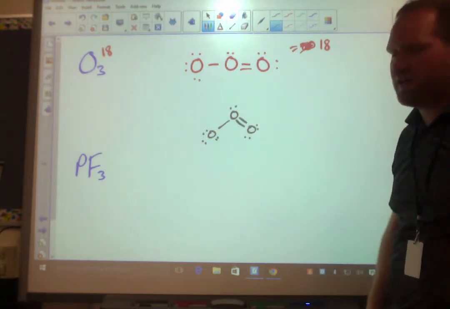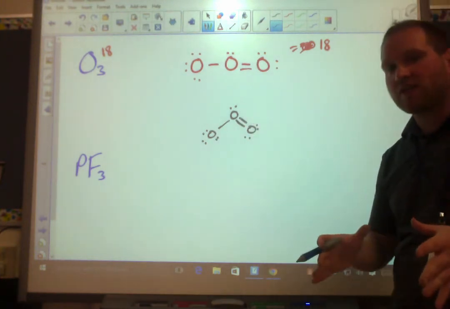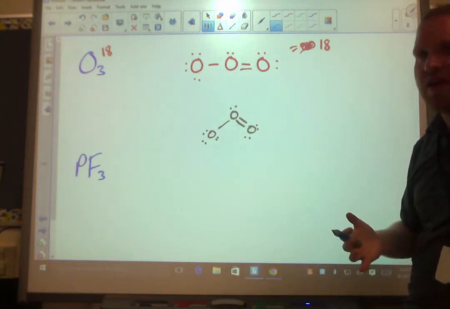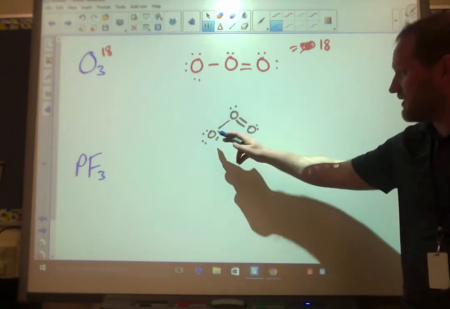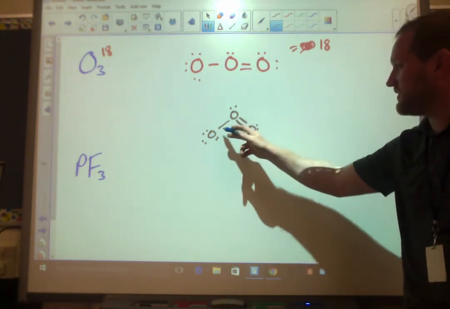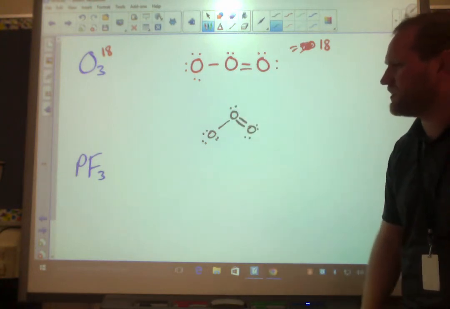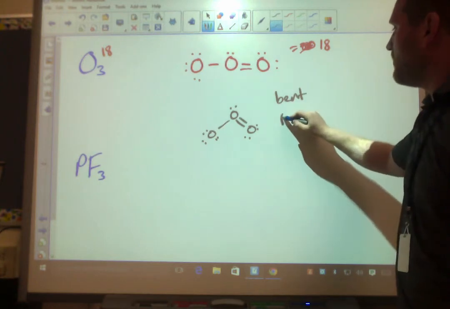And all bent molecules are polar. Even though this is 3 O's, meaning there's literally no electronegativity difference between them, it's still considered a polar molecule. Now, if you want to go deep with this, it's not as polar as something like, if this were different elements, but it's still technically polar because of the uneven distribution of electrons. Okay, so again, we have bent and polar.